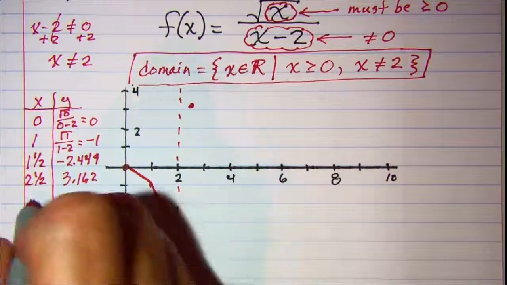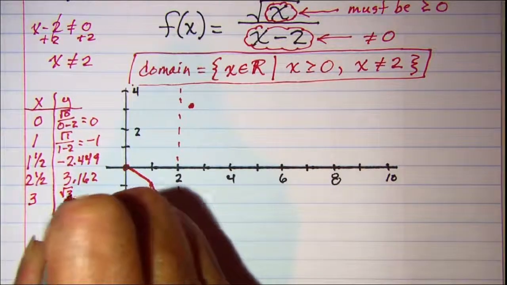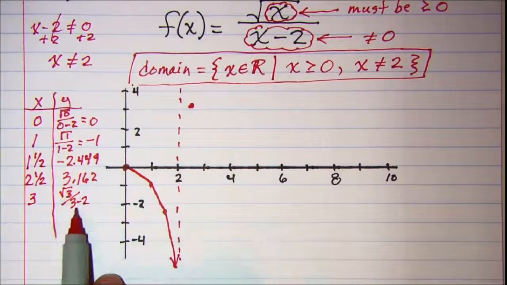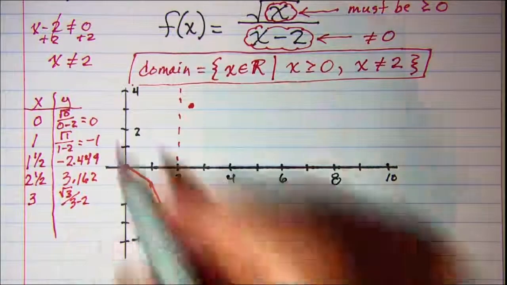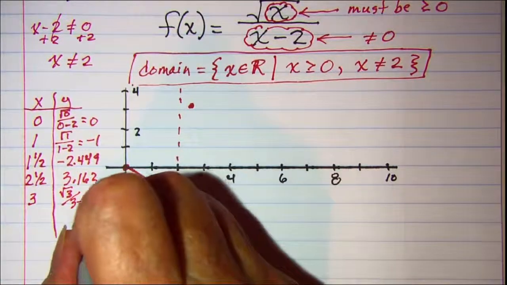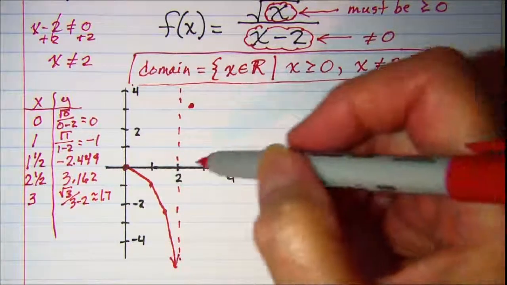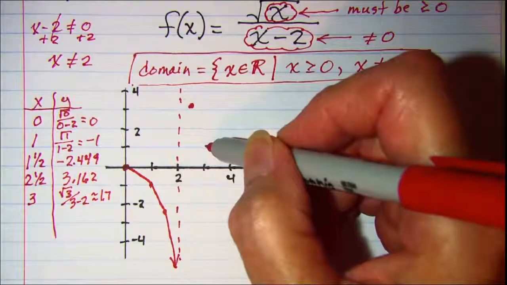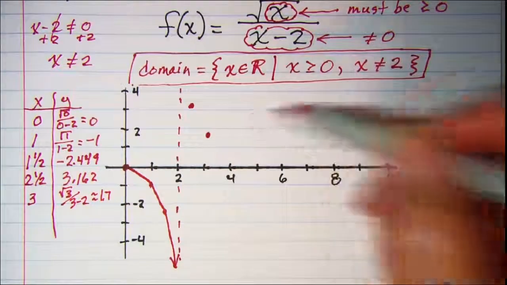When x is 3, I have the square root of 3 over 3 minus 2. 3 minus 2 is 1, so the square root of 3 is 1.732. So when x is 3, y is 1.7, a little bit more than half.